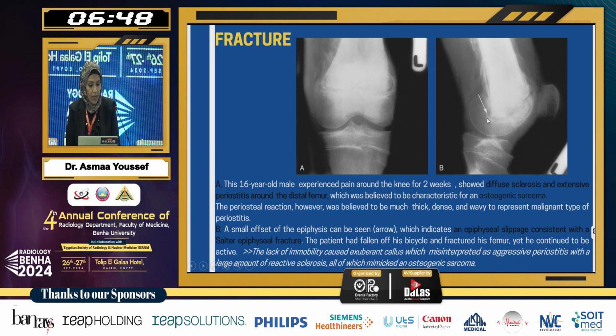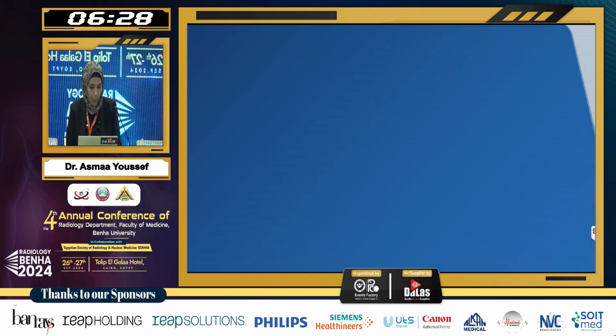The patient had fallen off his bicycle and fractured his femur, yet he continued to be active, so a lack of immobility caused this exuberant callus, which was misinterpreted as aggressive periostitis with a large amount of reactive sclerosis, all of which mimicked an osteogenic sarcoma.